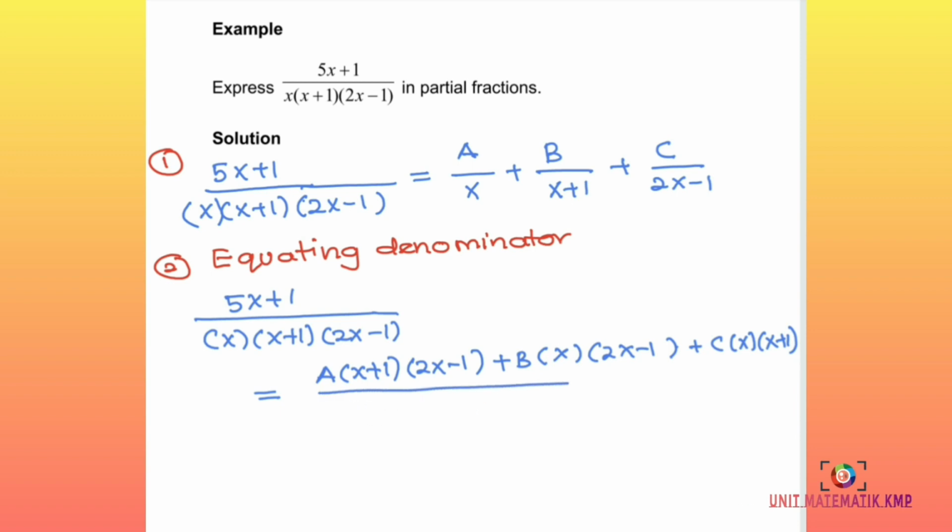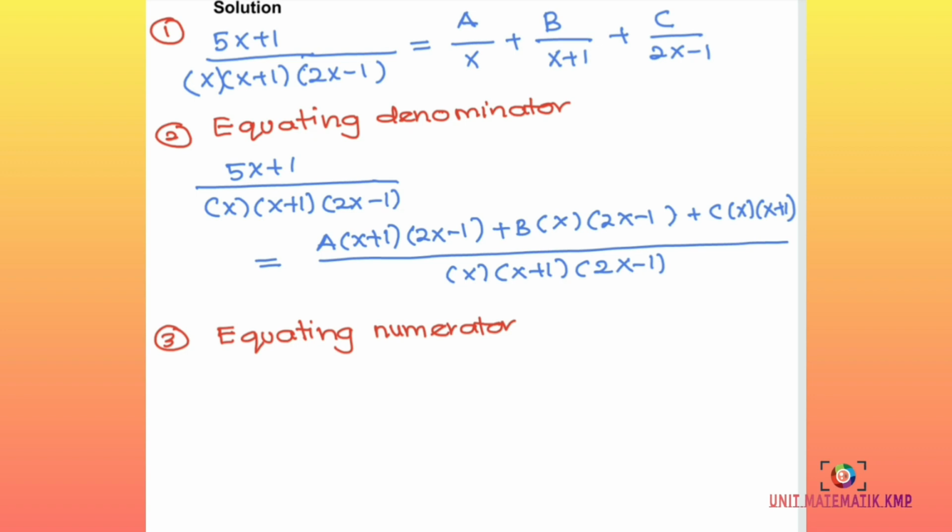Okay, we divide by x times (x plus 1) times (2x minus 1). Third step is equating numerators.